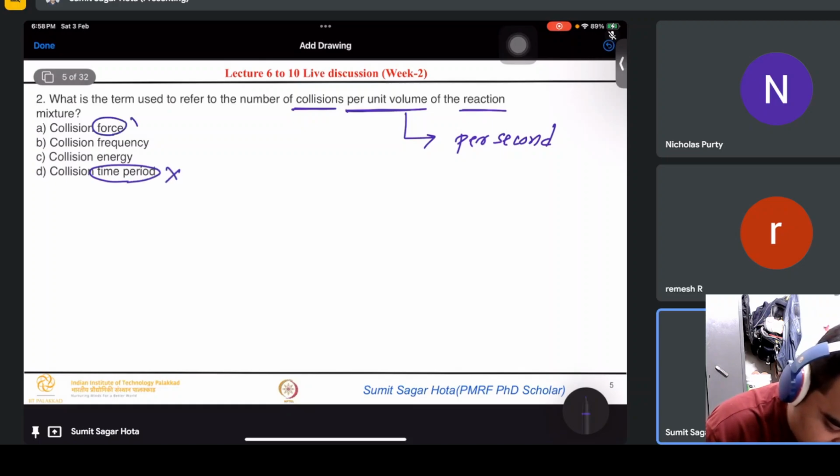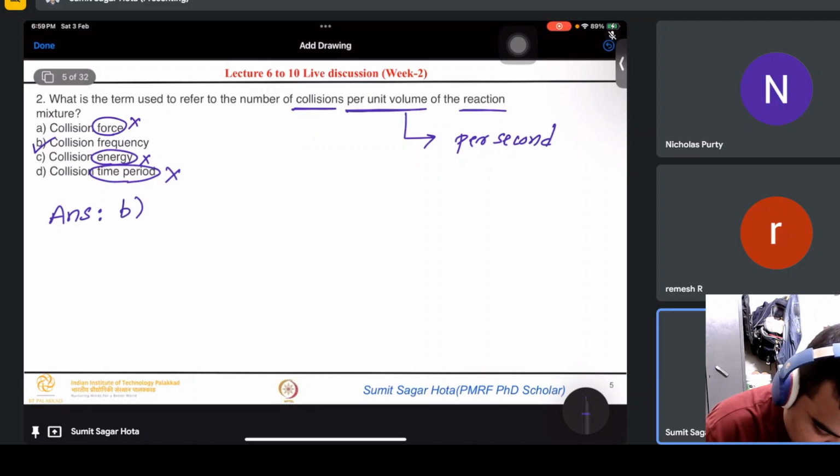It cannot be a force, or an energy. Force means F equals ma, you know very well, which has per second square. Energy is also the same thing: force into some displacement, so also some kind of second square. So now if you see, per second is only one unit, that is frequency. Even if you don't know anything, you can try this way.